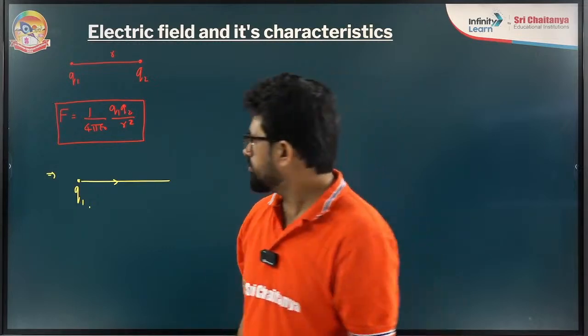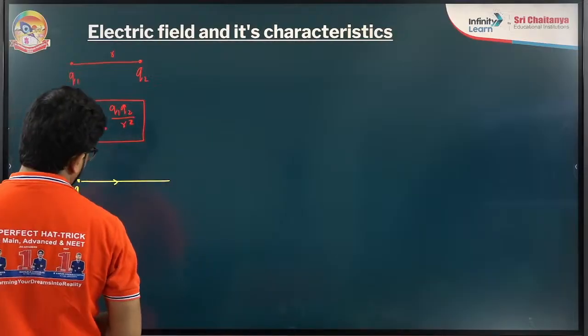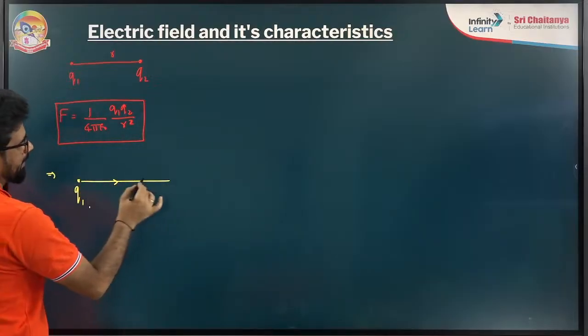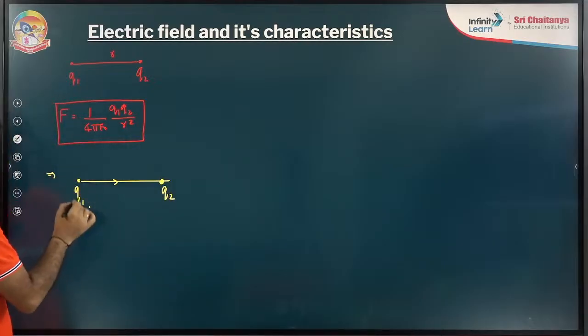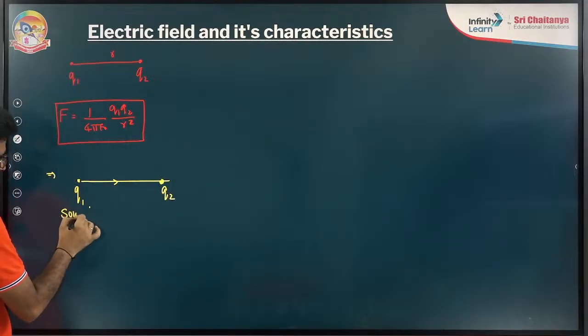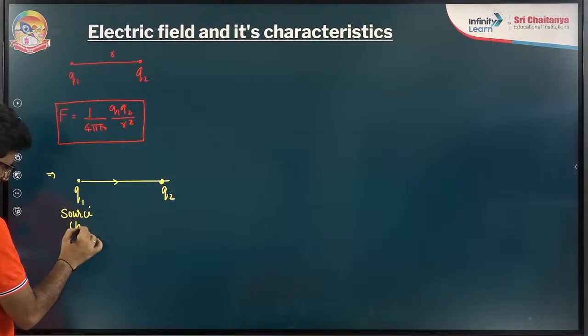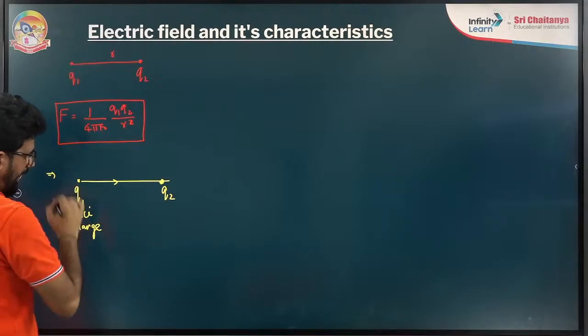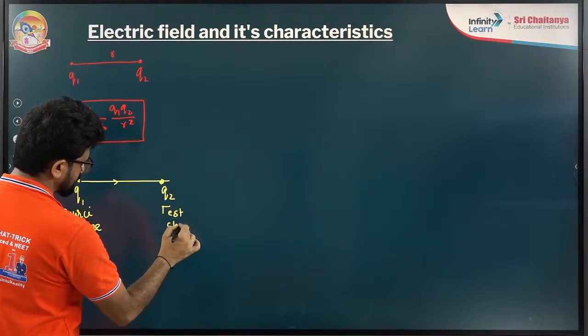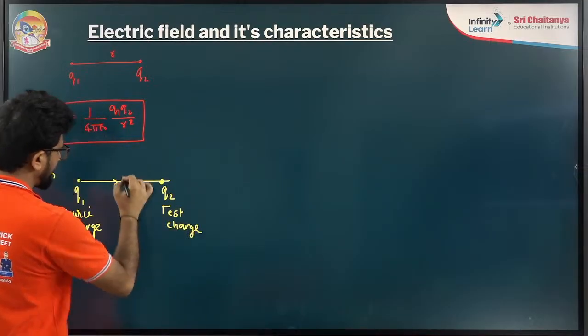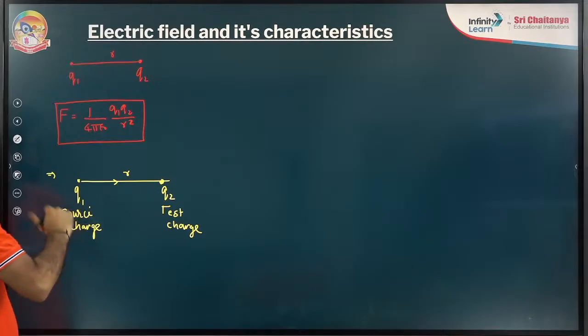That means q1 is creating some aura here, and in this part you are putting another charge, Q2. So this Q1 we call the source charge, and this we call the test charge. Separation is R. Then what will happen?